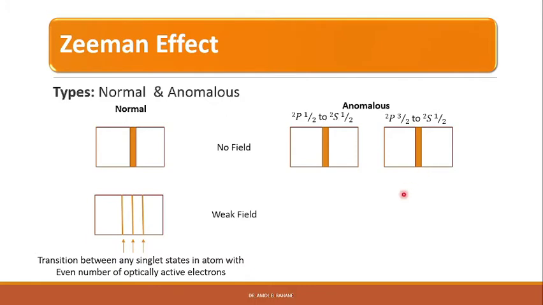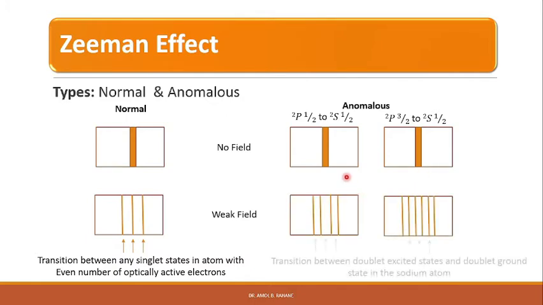So when a weak magnetic field is applied, each spectral line in the doublet structure splits into different spectral lines. The first line splits into four different spectral lines, and the second line, corresponding to doublet P 3/2 to doublet S 1/2, splits into six different spectral lines, and therefore overall we get 10 different spectral lines in place of the doublet spectral lines in the sodium atom.